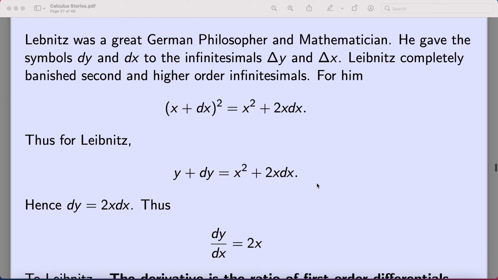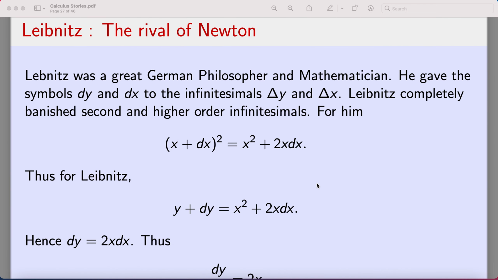Leibniz was a rival of Newton. Instead of writing x and del x, he wrote the symbols del y and del x to denote infinitesimals, and later on they were called the differential of y and differential of x.